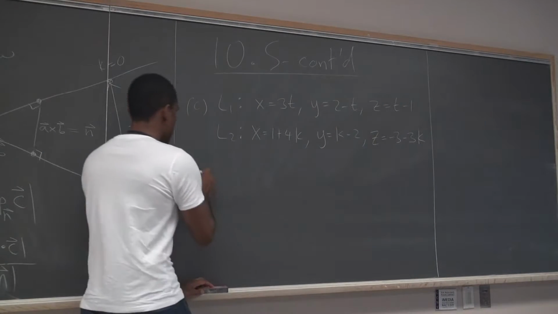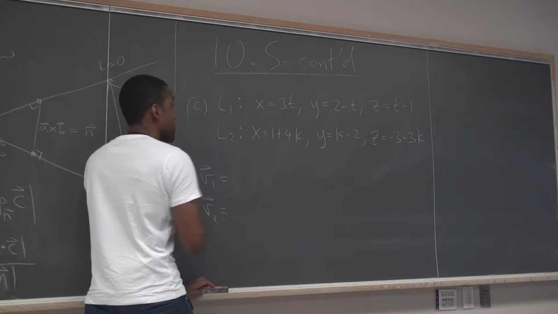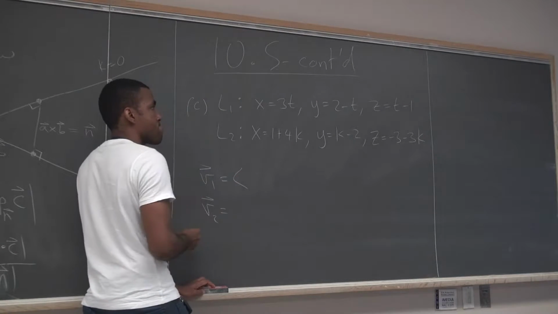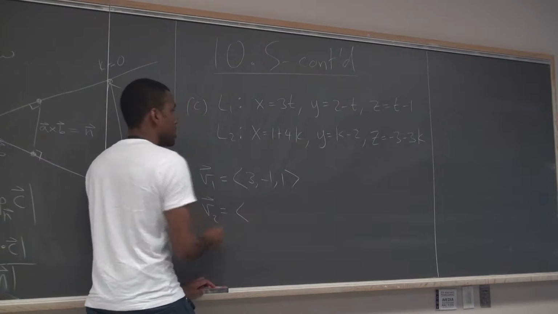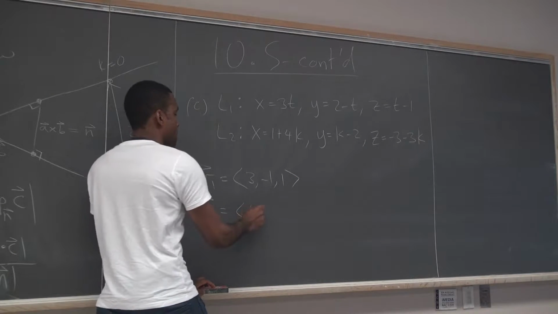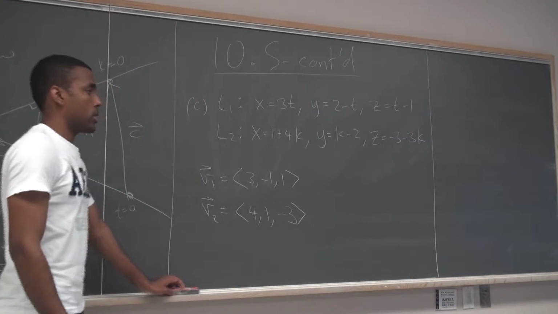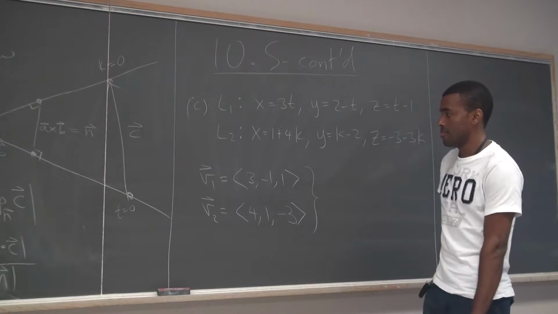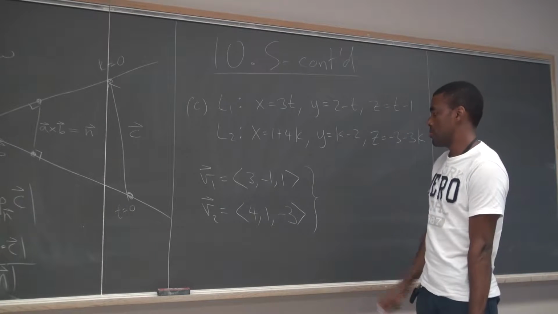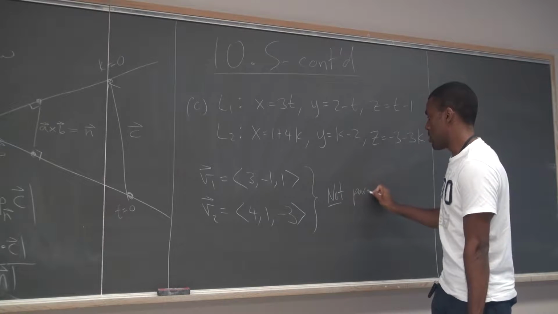So here you can see our direction vectors are what? What's the direction vector for the first one and the second one? 3, negative 1, 1 for the second. Okay, so from this we can see that, are they parallel? Not parallel, right? One is not a multiple of the other. So we know it's not parallel.